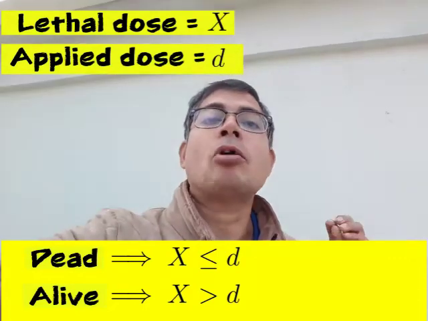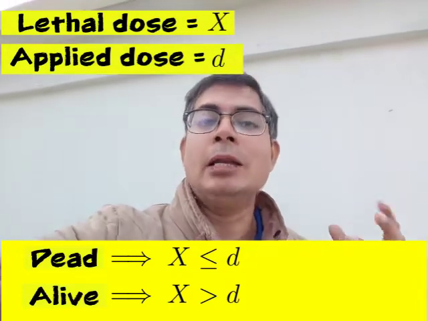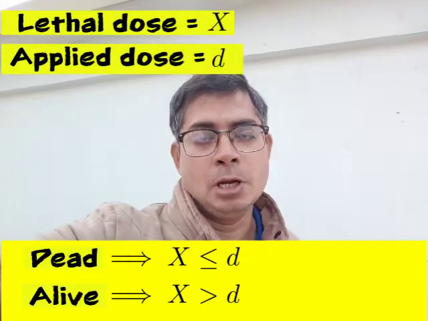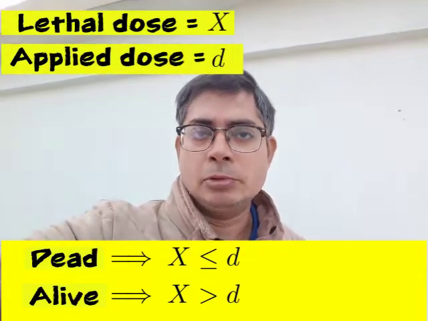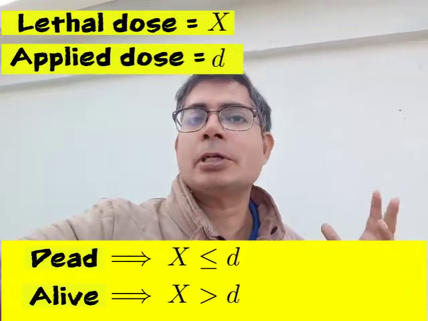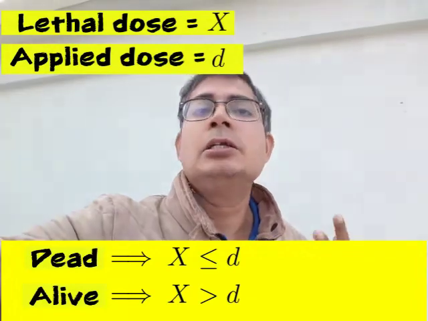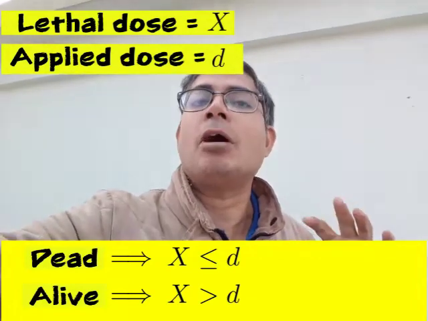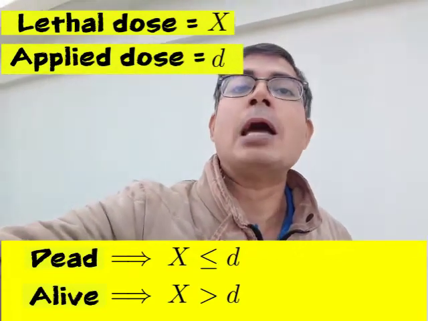So you cannot observe X directly. X is what is called a latent variable. You cannot observe it directly. Now in order to cope with this situation, that is, you want to estimate mu sigma square but you cannot observe the Xi's directly, D.J. Finney devised a new type of data collection which is commonly known as bioassay.